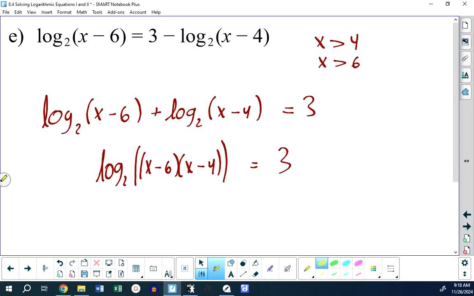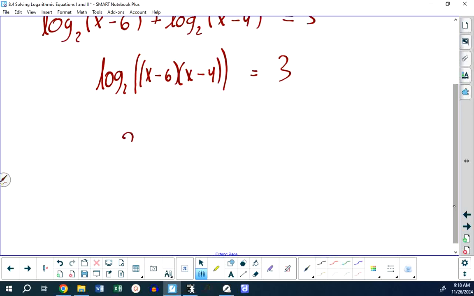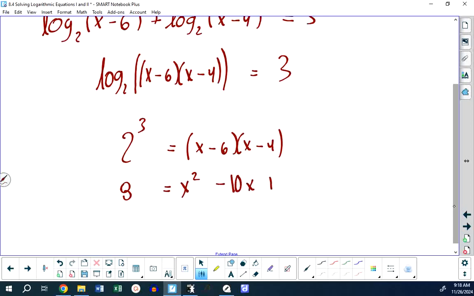So this is the test for our answers being valid or not. Whatever we get for x, it's got to be a number greater than 6. Writing this in exponential form gives 2 to the 3 equals x minus 6 times x minus 4. So we get 8 equals x squared minus 10x plus 24, I think is correct.